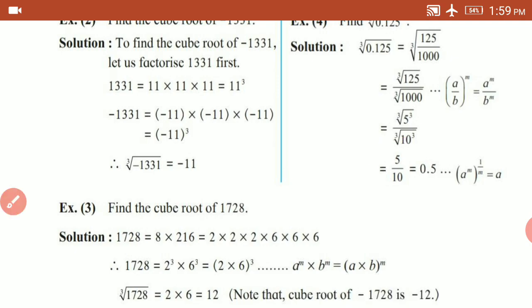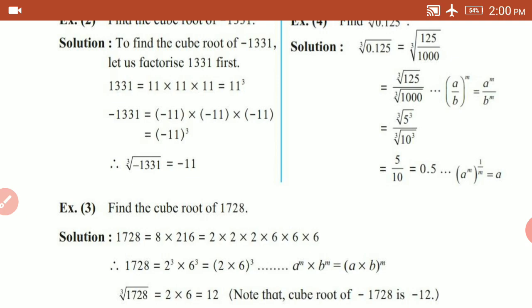Then third example, find the cube root of 1728. First of all, I have to find the factors. The factors are 2 into 2 into 2 into 6 into 6 into 6. This 2 appears 3 times, 6 appears 3 times.